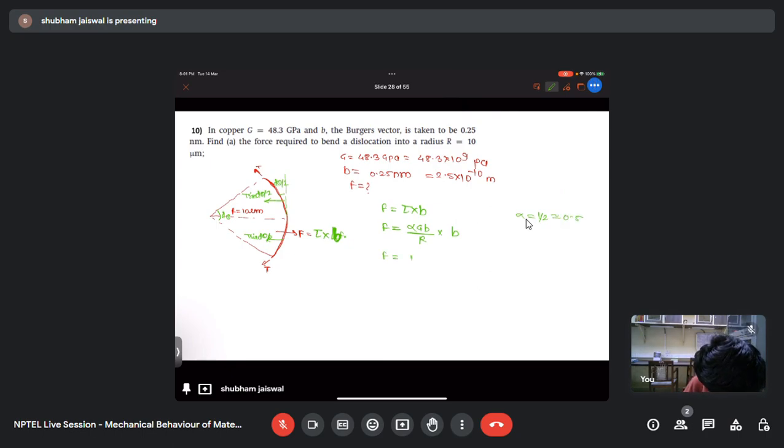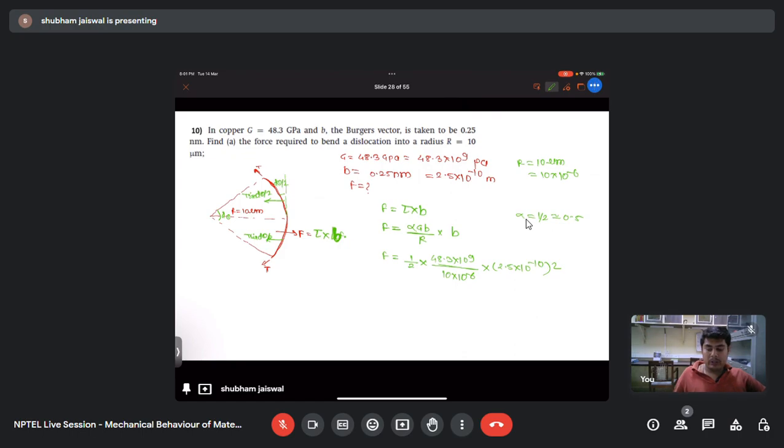F equal to 1 by 2 into G, which is 48.3 into 10 to the power 9, upon R, which is 10 micrometer or 10 into 10 to the power minus 6, into B square, which is (2.5 into 10 to the power minus 10) square.